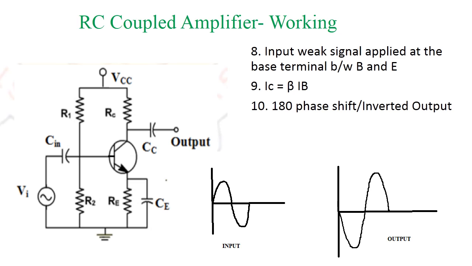So the output signal and input signal both are not the same. Output signal is amplified, also 180-degree phase shift is there, or it is the inverted output. The output is amplified, but why is it inverted?